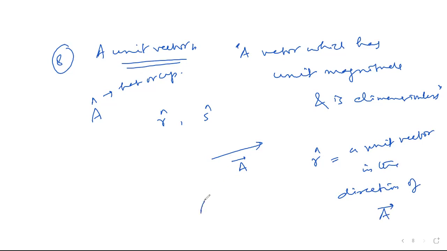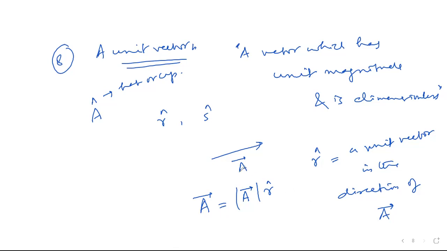Then you can write this vector A as the magnitude of this vector times the unit vector in its direction, right? A unit vector has the definition which I have given to you. It has unit magnitude and it is dimensionless. You can define it in any direction.